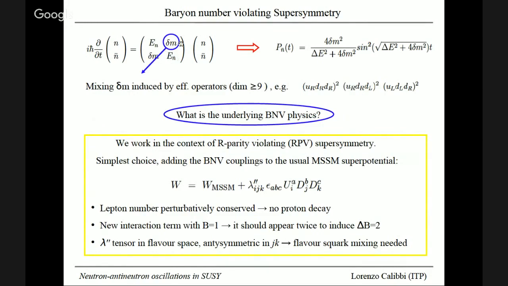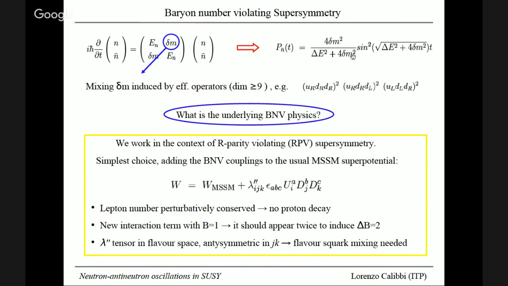Of course, this mixing is an interaction that violates baryon number, and it is required to induce our process. So from this, we can calculate, very similarly to neutrino oscillation, the probability that a neutron after a time of flight t oscillates to an anti-neutron.